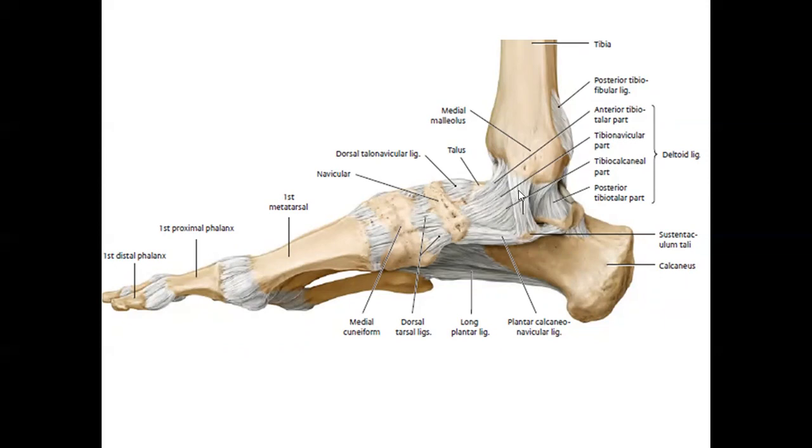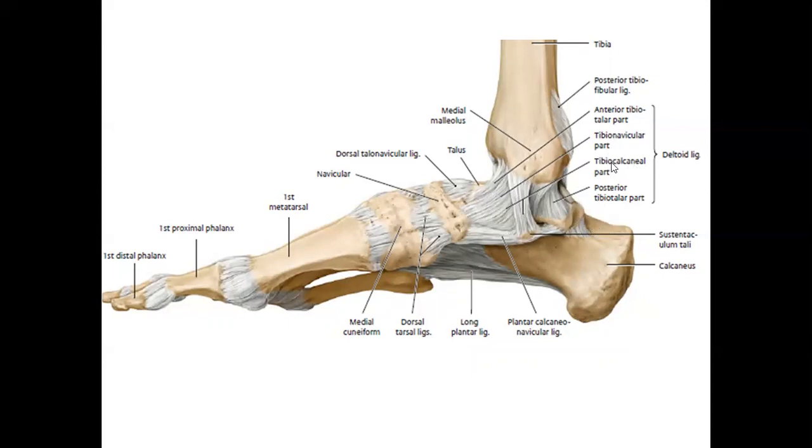The superficial part is divided into three fibers: the anterior fibers, which are the tibio-navicular fibers; the middle fibers, which are the tibio-calcaneal fibers; and the posterior fibers, which are the posterior tibio-talar fibers.